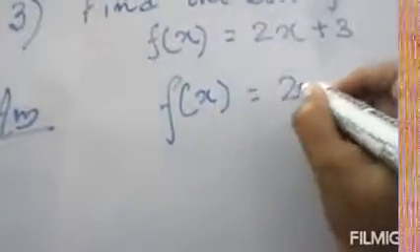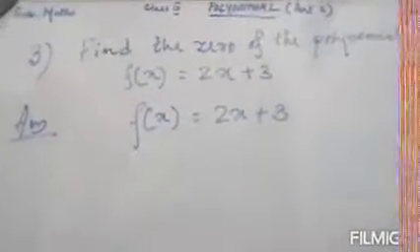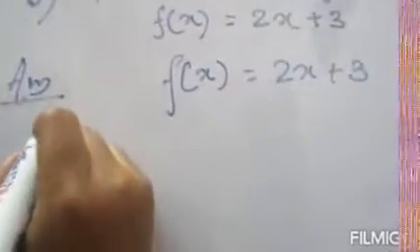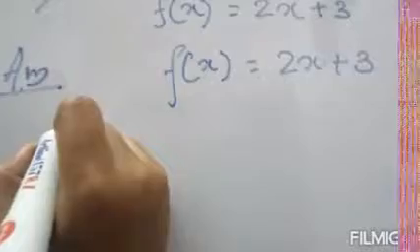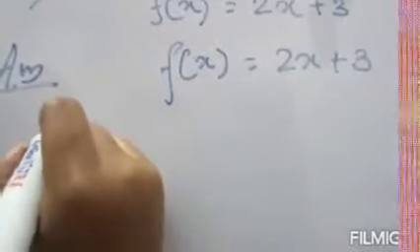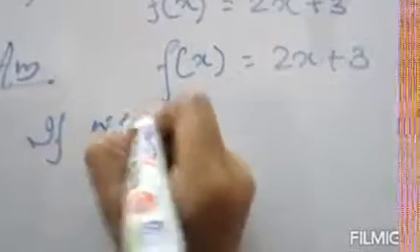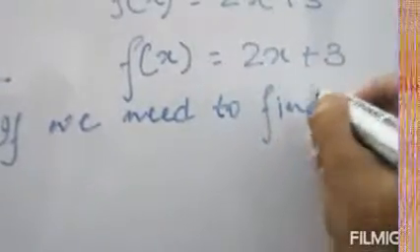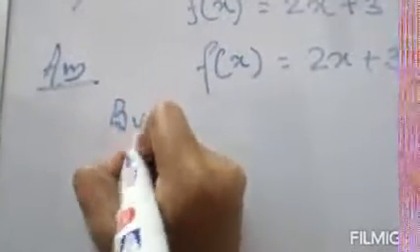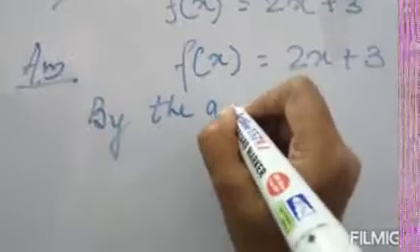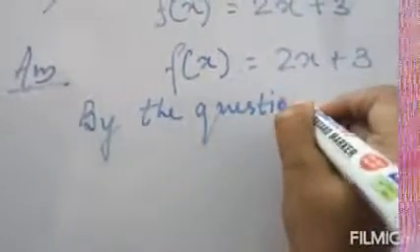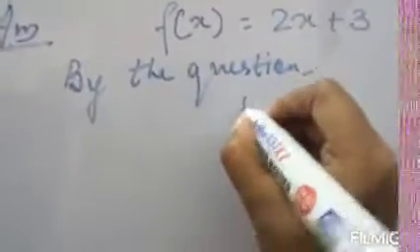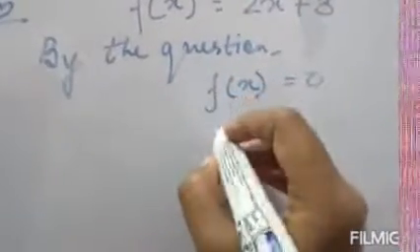f(x) is equal to 2x plus 3, right? By the question, f(x) is equal to 0.